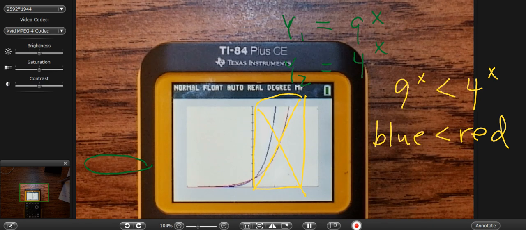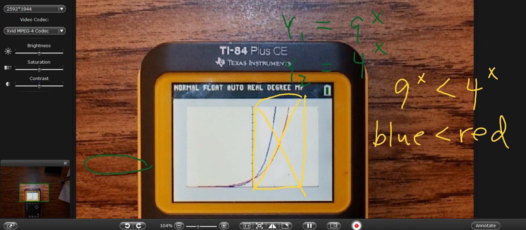Absolutely not, folks. Those blue values are much higher. You can see that 9 to the x is growing much faster than 4 to the x. That side of the graph is not what we're talking about. You can see the blue one is bigger than the red one.